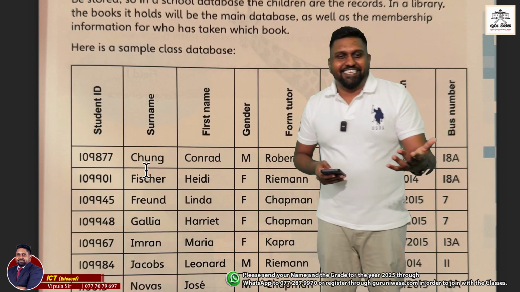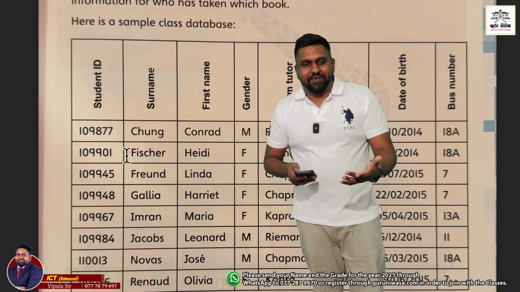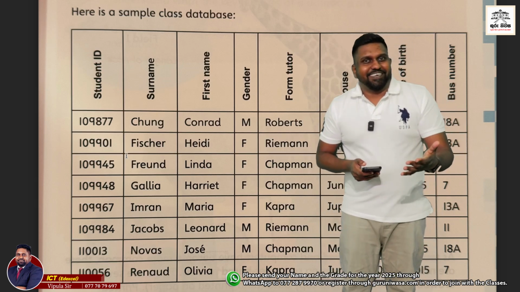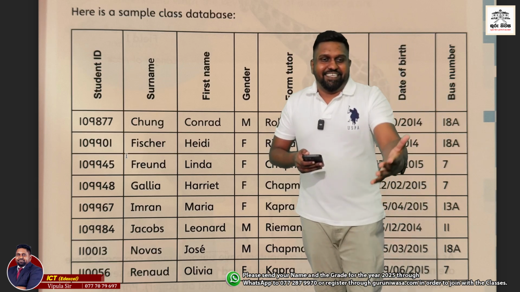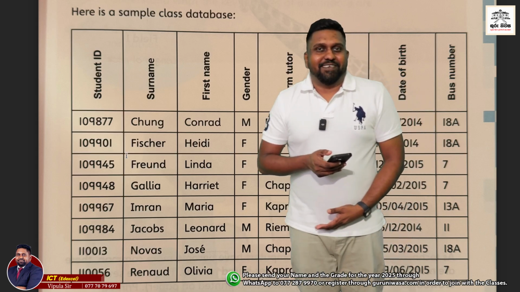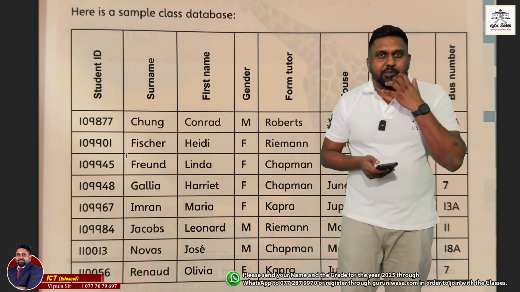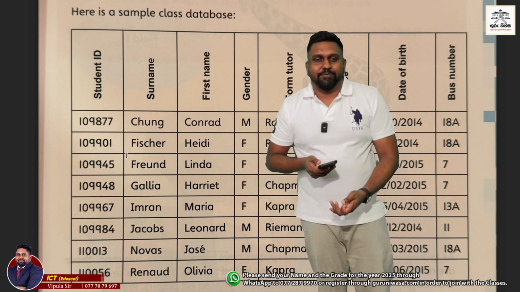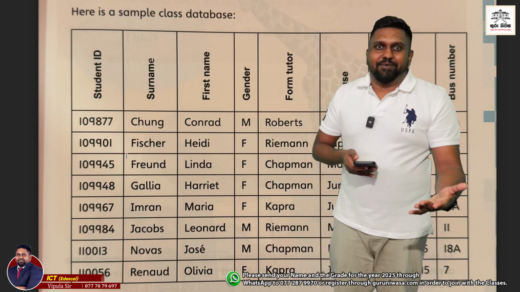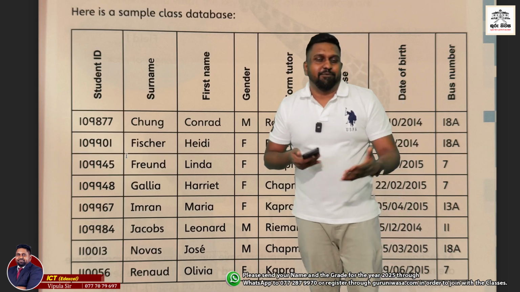So Hari, you have a student ID, right? From your school, you get a student ID, and obviously you have a surname, right? ඊට පස්සේ ඔයාට මුල් නමක් තියෙනවා, first name එක. Then obviously you have a gender, right? Either you're a boy or a girl, or male or female.